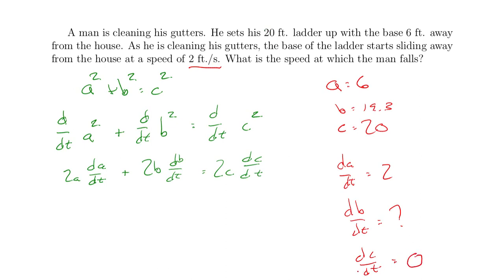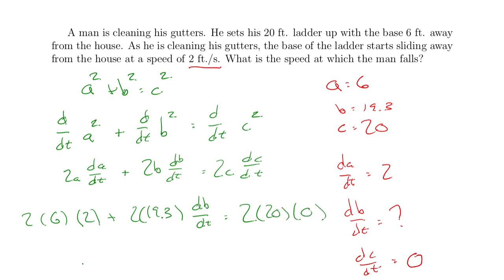At this point, we can just plug and chug. We're going to put everything in place. So we've got 2 times 6 times 2 plus 2 times 19.3 times dB over dt equals 2 times 20 times 0. 2 times 6 times 2, that's going to be 24, plus 19.3 times 2, that's going to be 48.6.